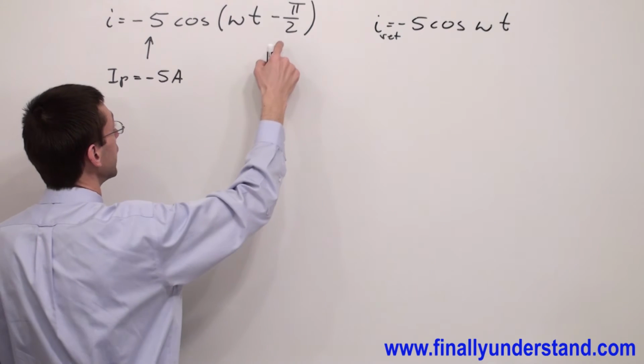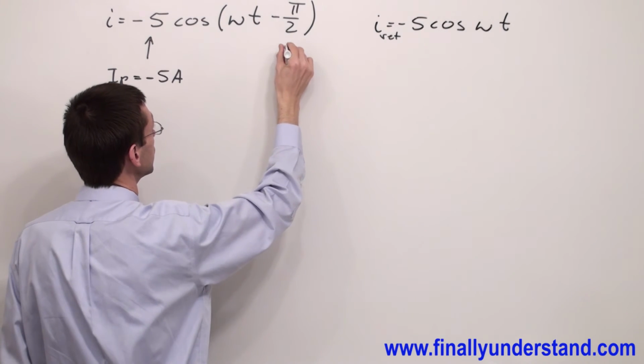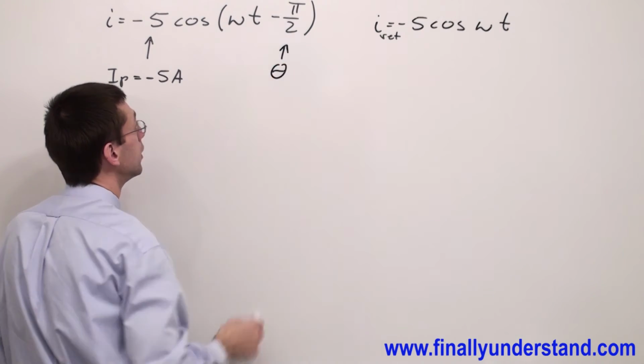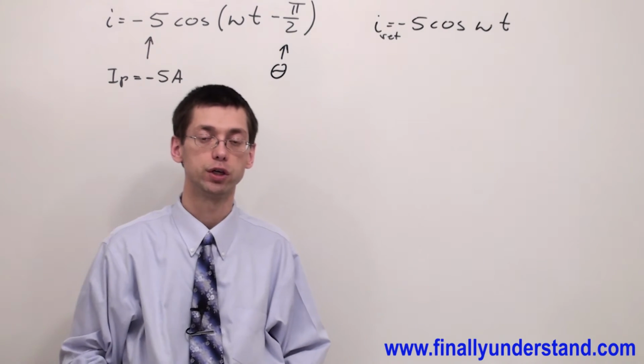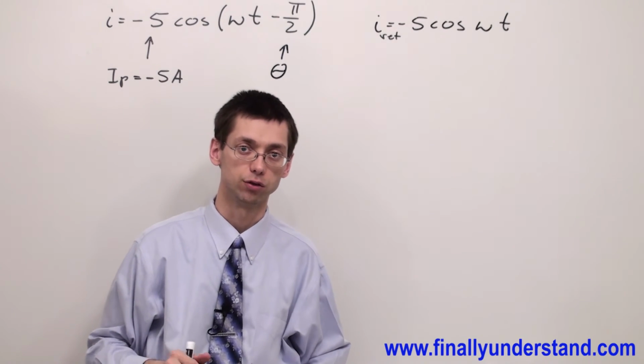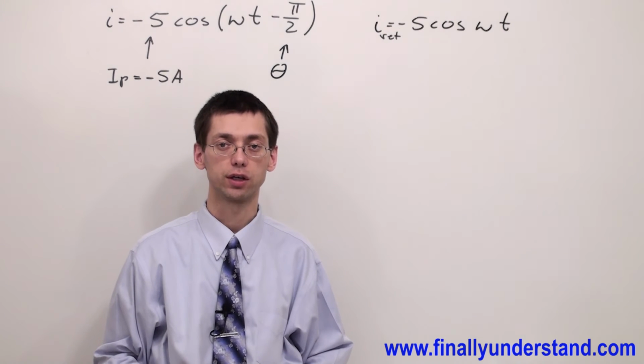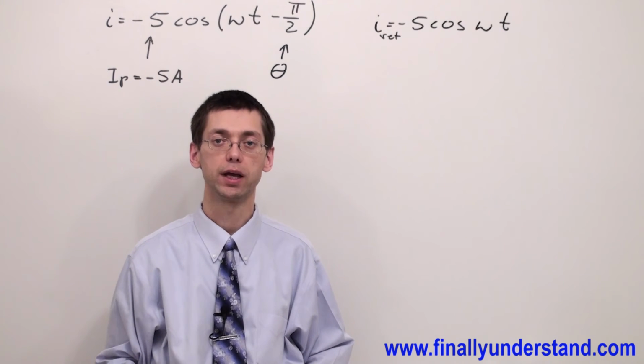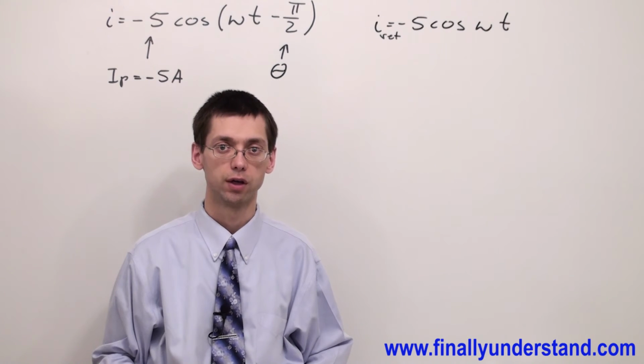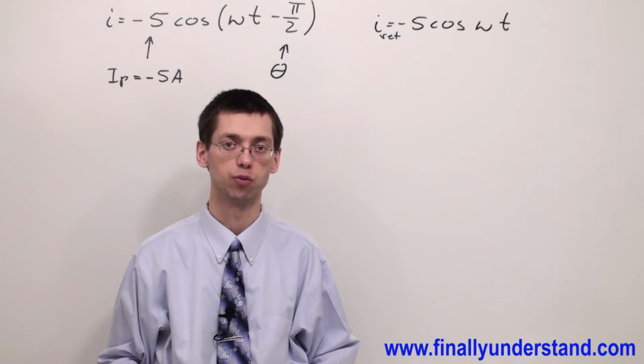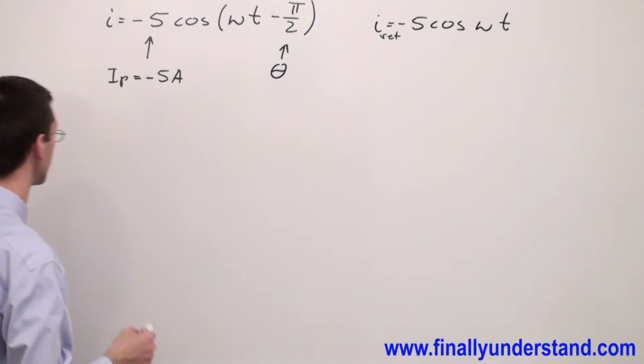And this is my phase shift, this is my theta. Now, please notice that anytime we do not have degree sign, means we talk in terms of radians. So you have to make sure that on your graph, x-axis is going to be calibrated in radians.